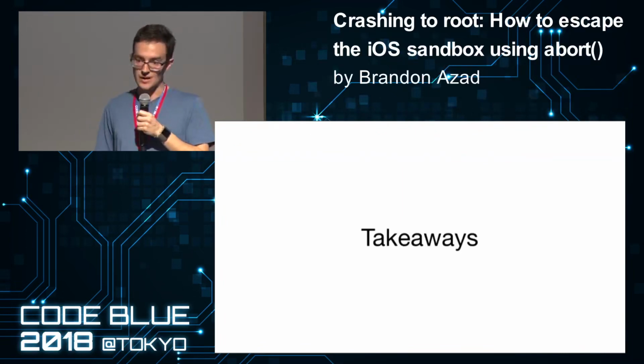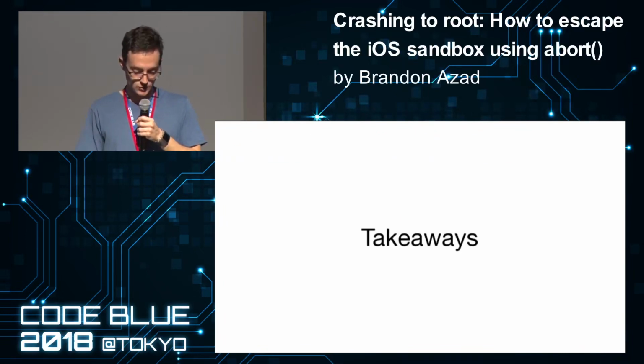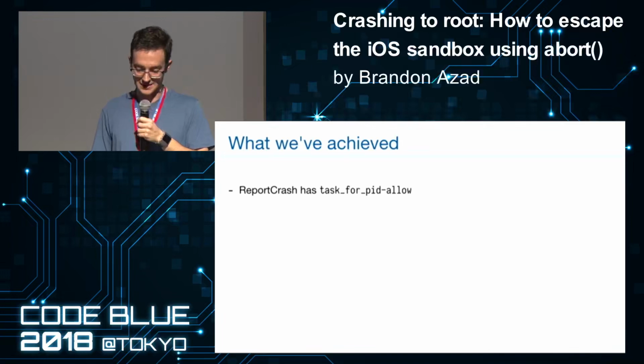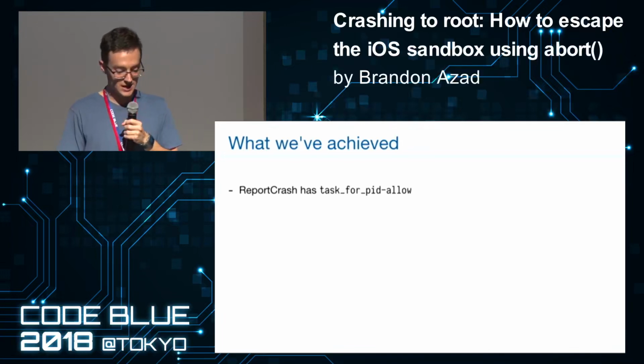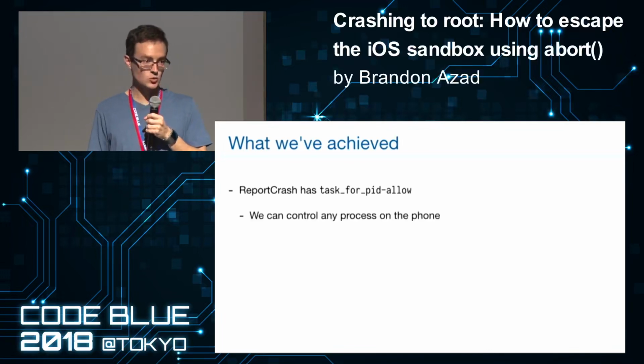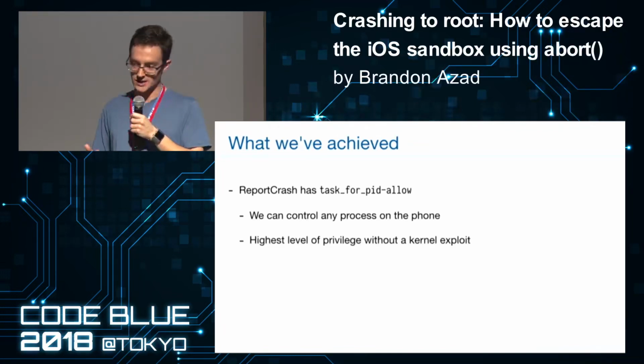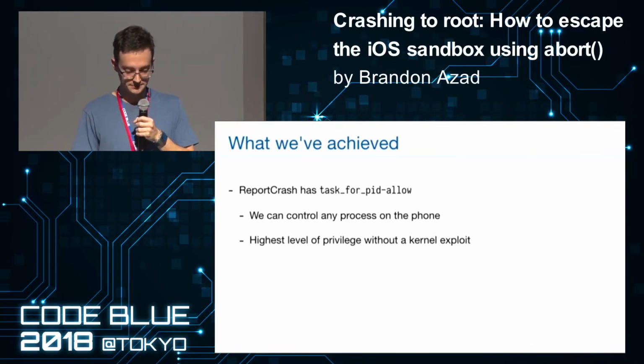All right, so what are the takeaways from this presentation and this research project? First, I want to go over what we've actually achieved. ReportCrash has the task_for_pid-allow entitlement, and as we've seen, we can use this entitlement to take control over any process on the phone. This is basically the highest level of privilege that we can achieve without having a kernel exploit.